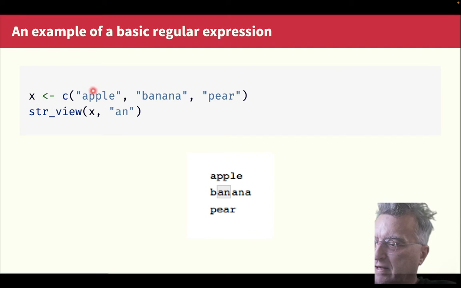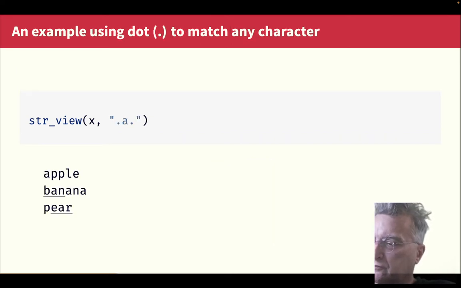So if X is a vector of these strings, and I only want to look at the regular expression AN, this is the result. This is a regular expression because literal strings are valid regular expressions, but regular expressions are much more extensive. For example, in regular expressions, dot resolves to any character.